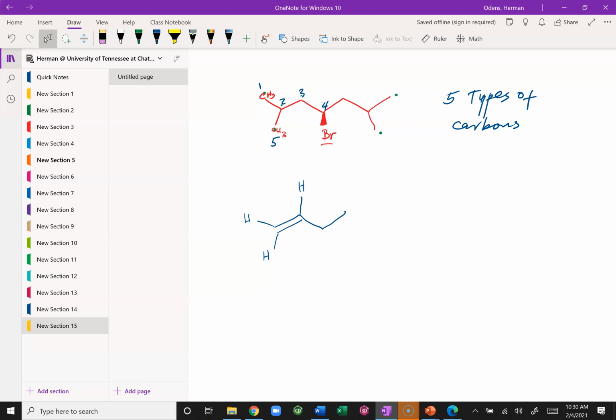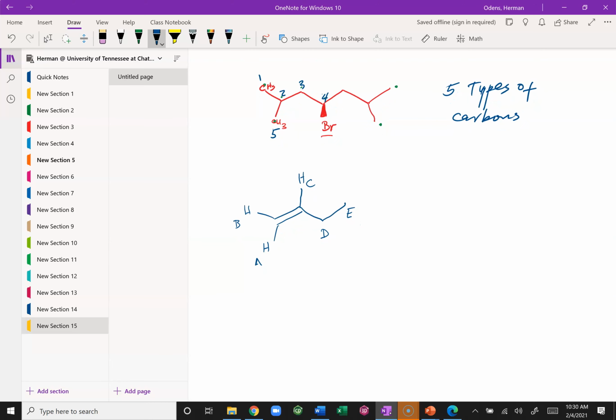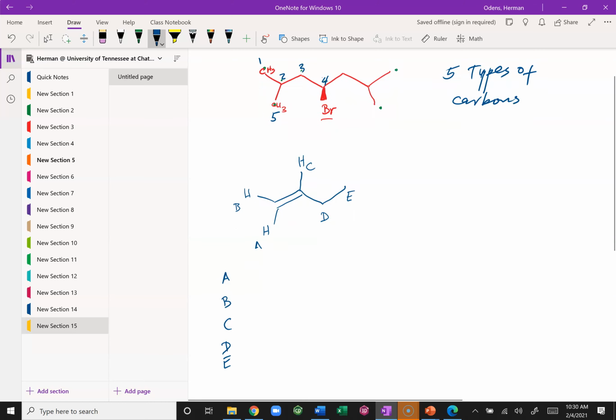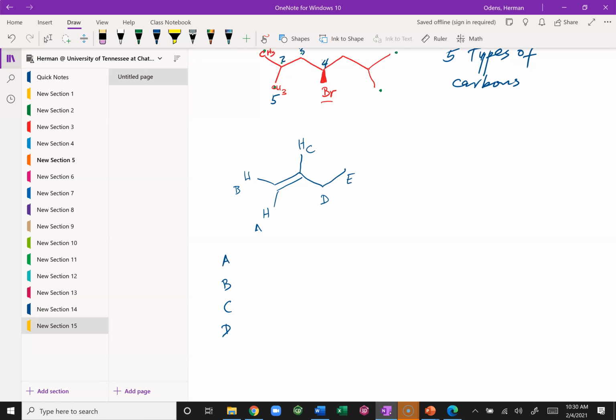All right, let me see. Okay, so let's label this A, B, C, and then this will be signal D and E. All right, so let's calculate what this is. What is A?